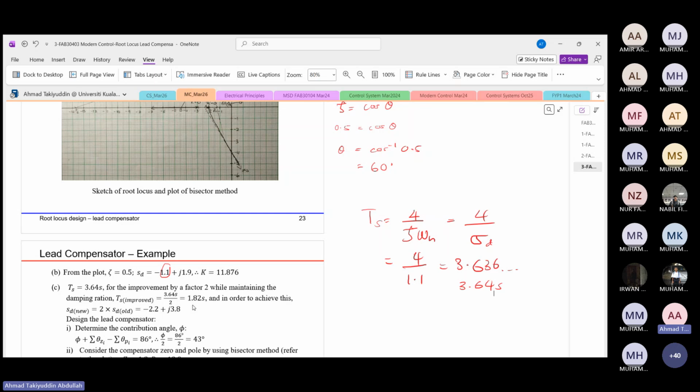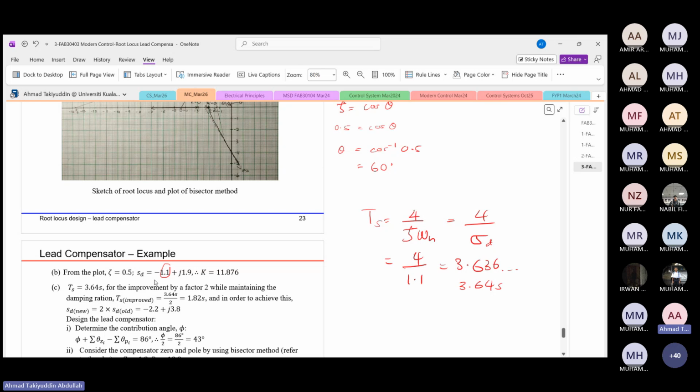If you want the improvement to 1.82 seconds, it means that you need to multiply the sd of the original system by 2. So your sd new will be 2 times sd old.